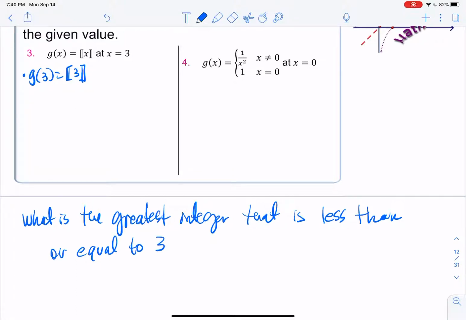So what's the greatest integer, the biggest integer that is less than or equal to 3? Well, it's 3. So it's defined. So g of 3 is defined.